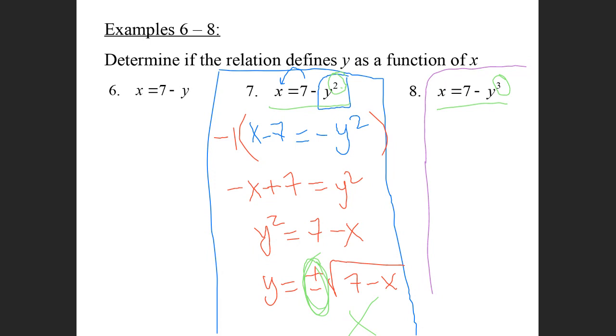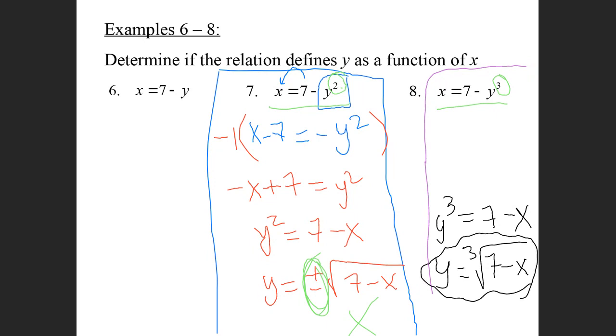If you solve this equation, you will do the same until this moment: y cubed equals 7 minus x. After that, you have to take the cubic root for both sides to kill the third power. There's no plus or minus. So just one equation defines y, and yes, this equation defines a function.